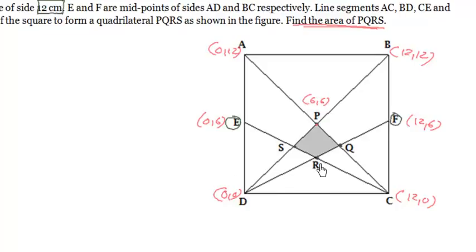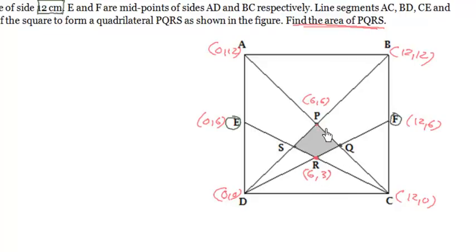Similarly, the point R is the midpoint of DF, so it's easy to find its coordinate. It will be (12 plus 0) by 2, so this point will be 6, and (6 plus 0) by 2, so the y coordinate is 3. So we have identified the coordinates of P and R quickly and easily.